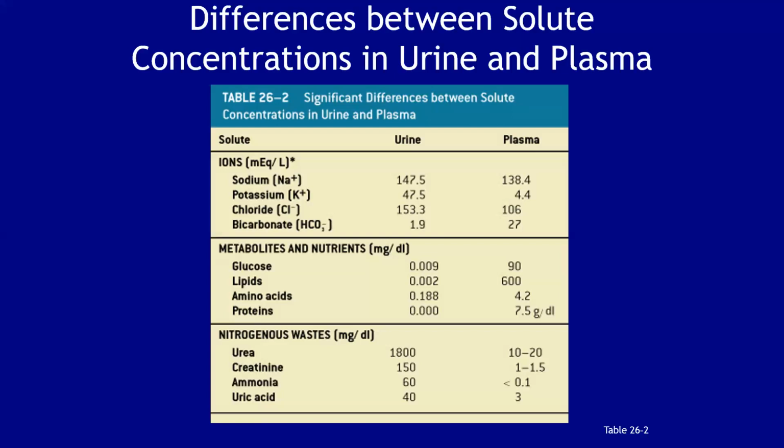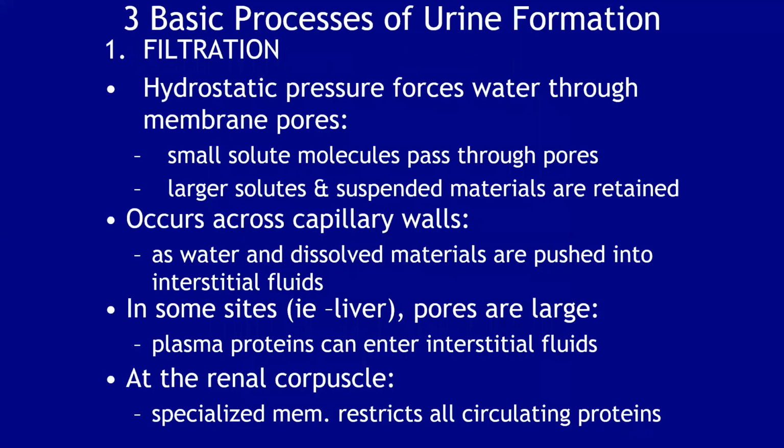You shouldn't have any in your urine. But then when we get to the nitrogenous waste, look at this large number. Well, I clicked too soon, but you can go back and look at the large amount of waste to include urea and creatine.